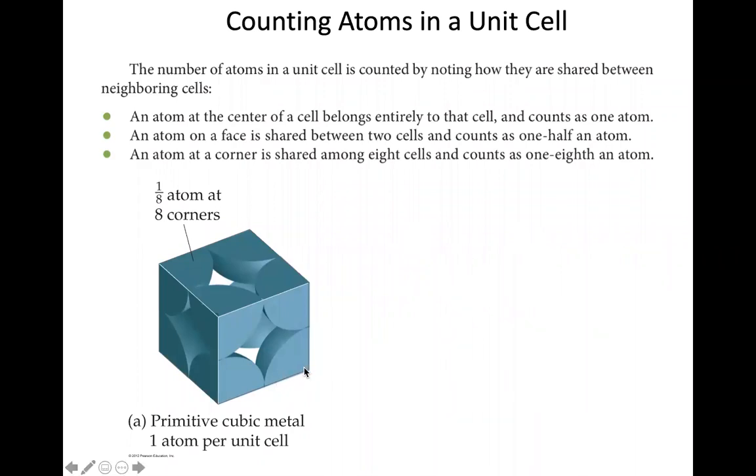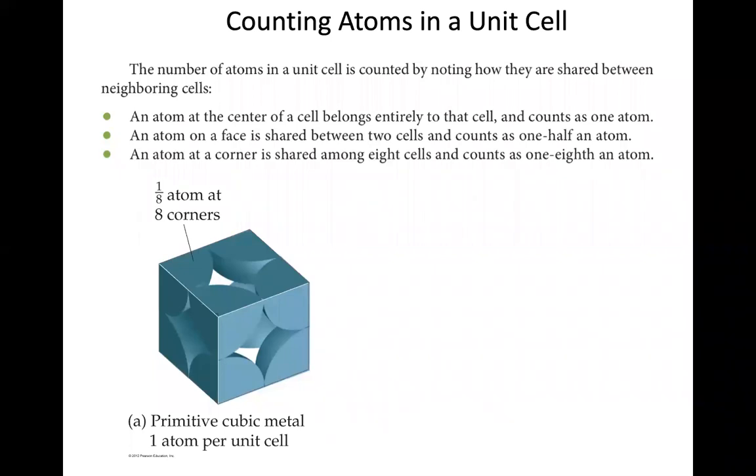If something is on the corner, it is only 1/8 in a particular unit cell, because there are 8 unit cells that are surrounding that particular atom, that are dividing up that particular atom. Something that is on the corner of a unit cell only counts 1/8.